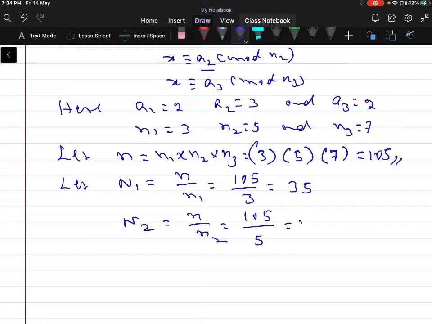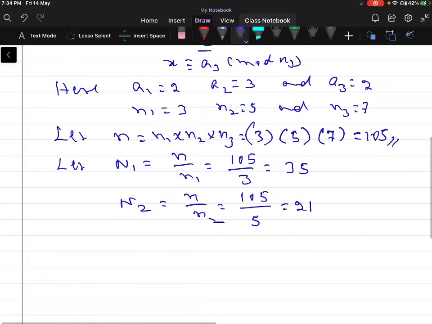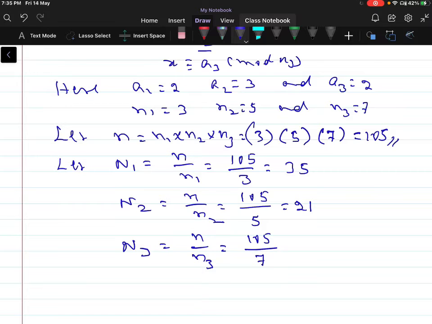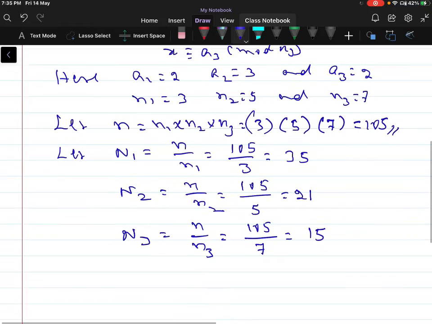So this is equal to 21. 21 into 5 is 105. And capital N3 is equal to n by n3, where n is 105 and n3 is 7. So this is equal to 15. 7 into 15 is 105.